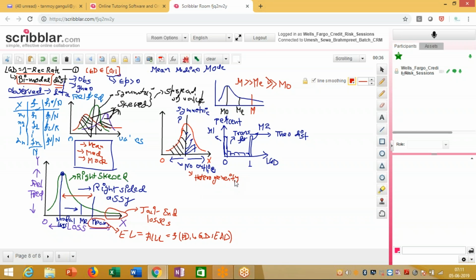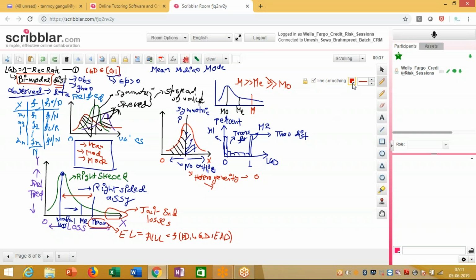And what causes heterogeneity in data? Heterogeneity in data is caused by different types of categorical variables, by the interaction of different categorical variables, and so on.